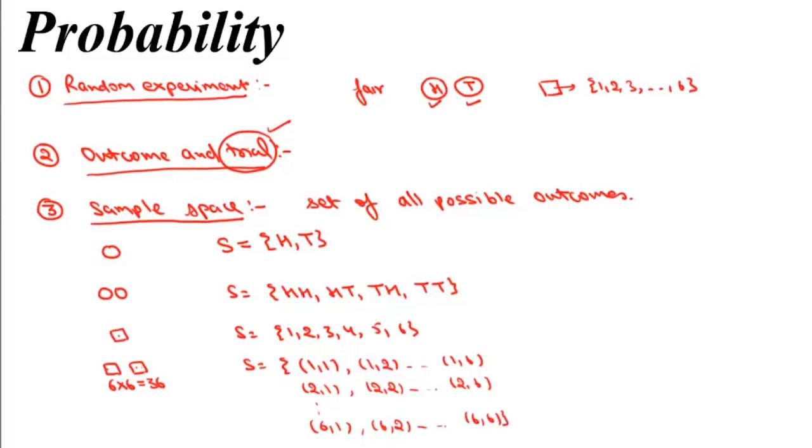Now if this sample space is a finite set, then we can write the number of elements in this sample space. For the first one, the number of elements in the sample space, n(S), is 2. For this one, n(S) is 4. Here it is 6. And here in this case, it is 36.